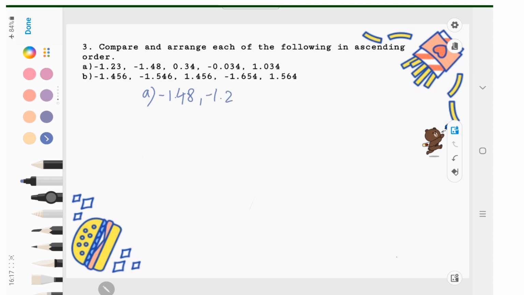And for the positive decimals, it will be 0.34 and 1.034. Therefore, the answer is negative 1.48, negative 1.23, negative 0.034, 0.34, and 1.034.